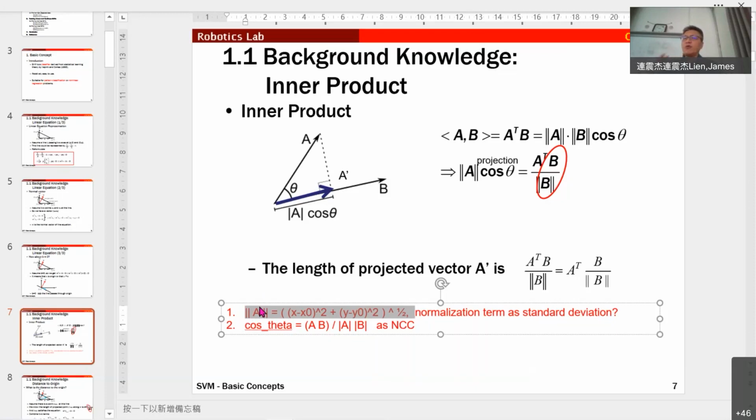There are three kinds of norm: the half, norm one, and norm two. What does the norm mean? The norm means distance, and distance means similarity. If the distance is longer, the two points are far away from each other, meaning they are not similar.